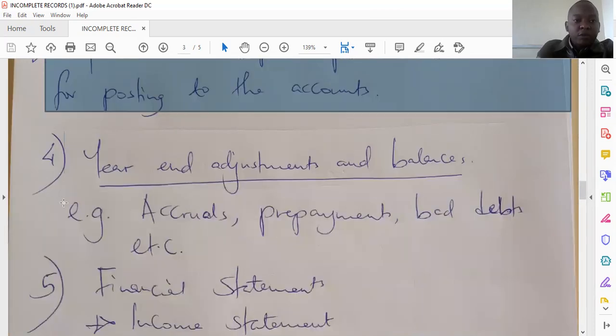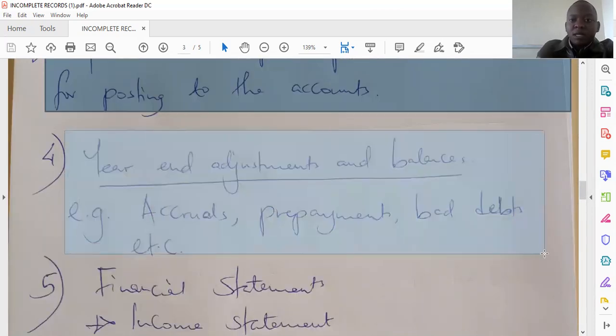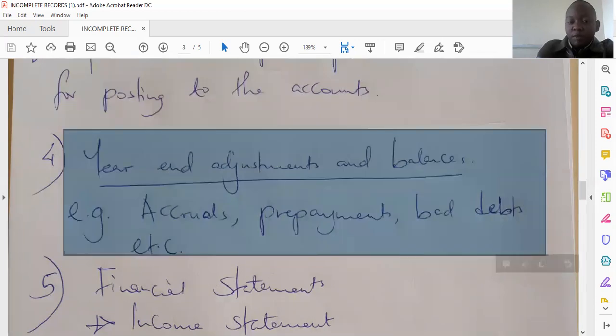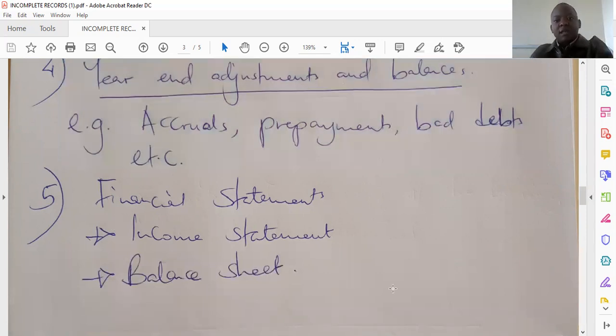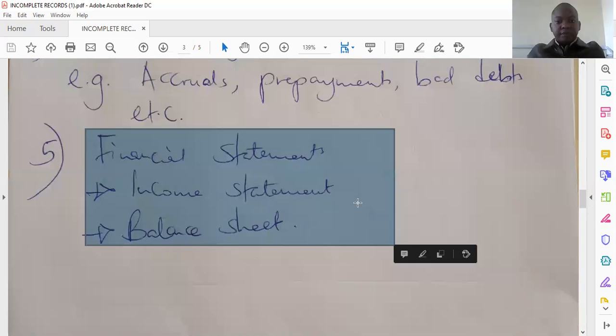And then step number 4 is to adjust for any additional information that may be given, say for accruals, prepayments, depreciation, bad debts, etc. So these adjustments have to be taken into consideration. And then the final step is to prepare the final accounts, that is the balance sheet and the income statement.